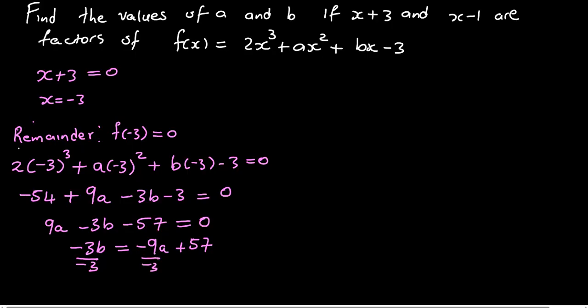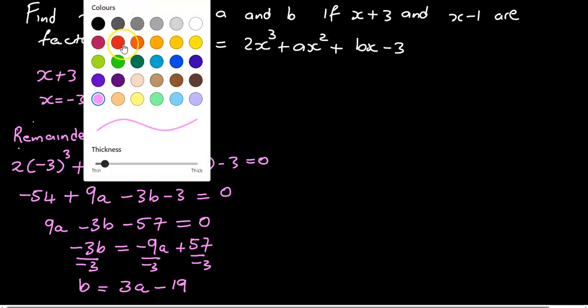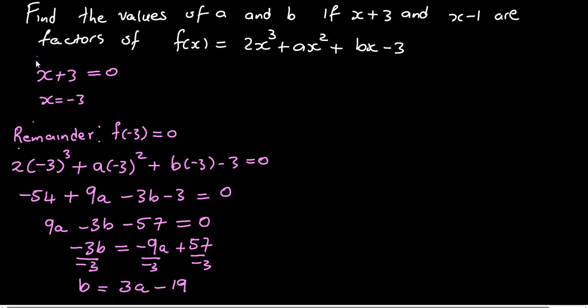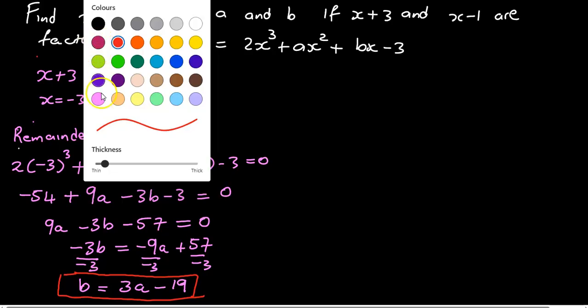We're going to have the value of b: minus 9 divided by minus 3 is just 3, so we have b equals 3a minus 19. Please allow me to call this equation 1. So we used the first factor to find the first equation.